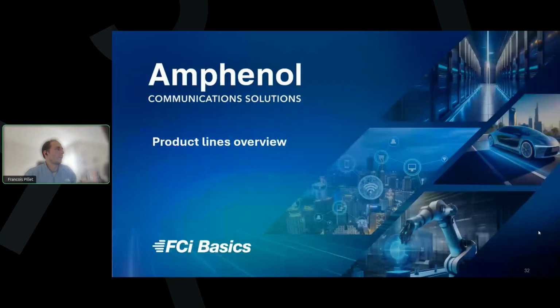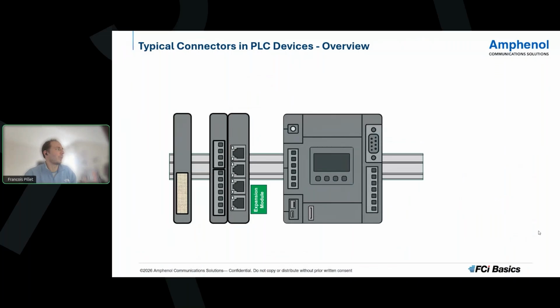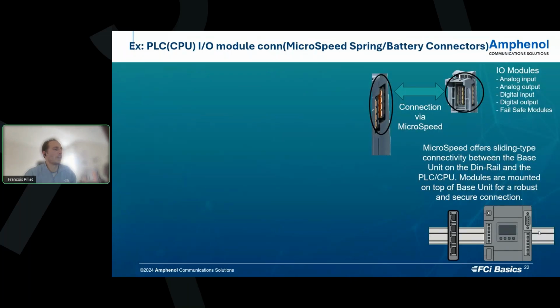One of the aspects that we want to highlight is that, from an operator's point of view, you can connect the modules of a PLC either through sliding, which is the first case with a microspeed waterfall solution. You can slide from left to right, and you can see the connectors on the edge of the module, which will connect with one another.